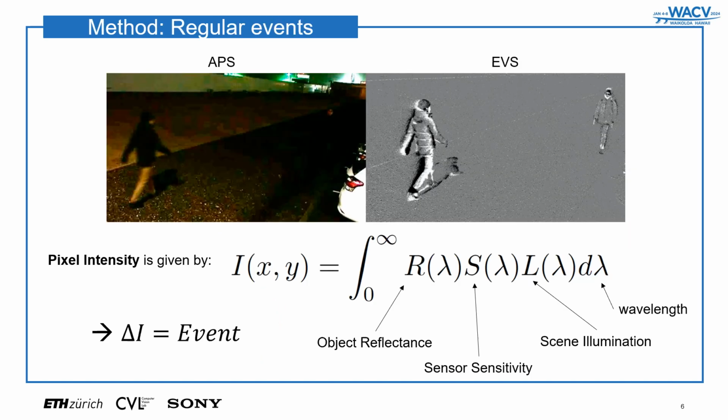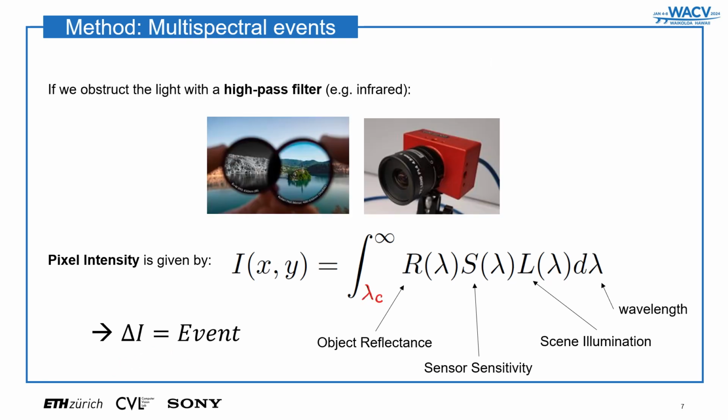If we simplify a bit, a pixel intensity is given by this equation. The light received by the sensor is integrated over all wavelengths to form the grayscale value we see in regular images. For event cameras, the principle is the same, but we only see events when there is a change in intensity.